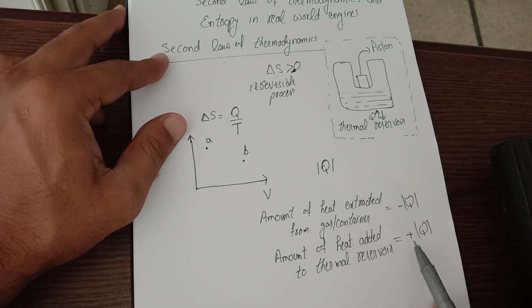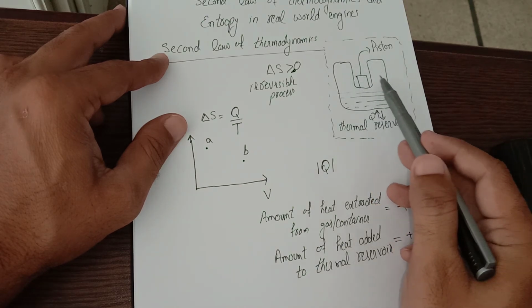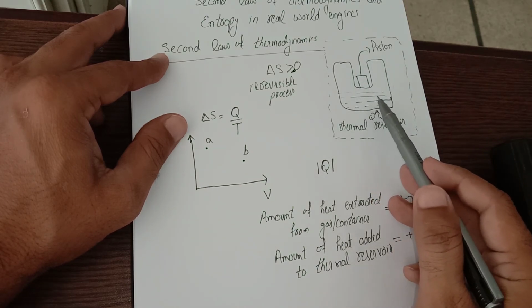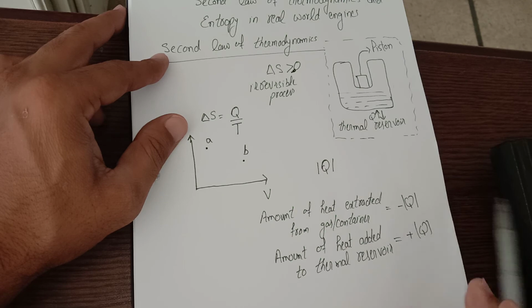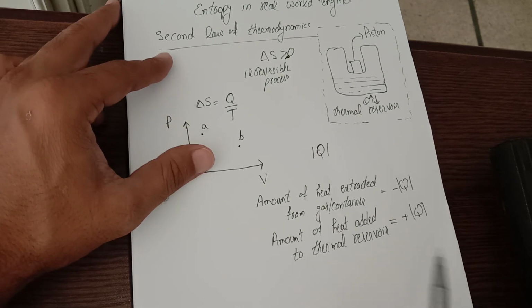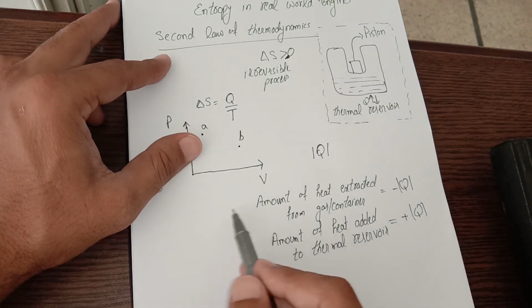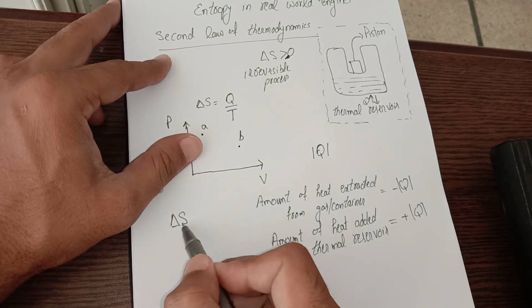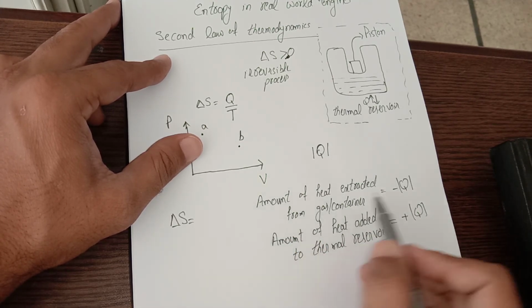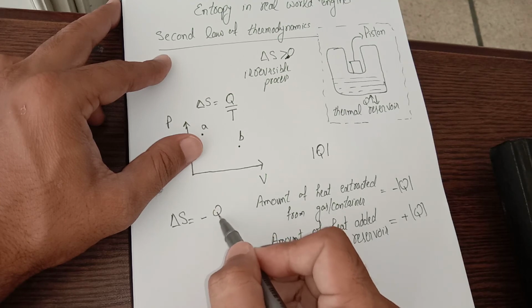So I have taken this to be positive, and since extraction of heat from this container would be represented as minus Q.